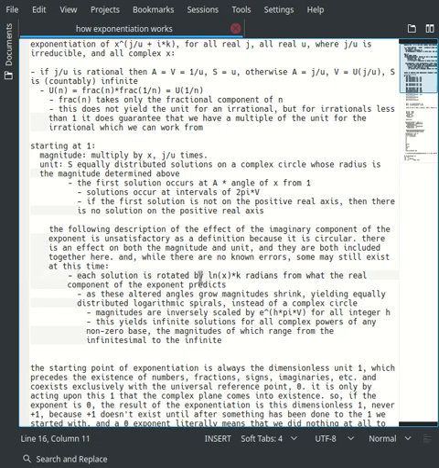Anyway, each solution is rotated by ln of x times k radians from what the real component of the exponent predicts. As these altered angles grow, magnitudes shrink, yielding equally distributed logarithmic spirals instead of a complex circle.